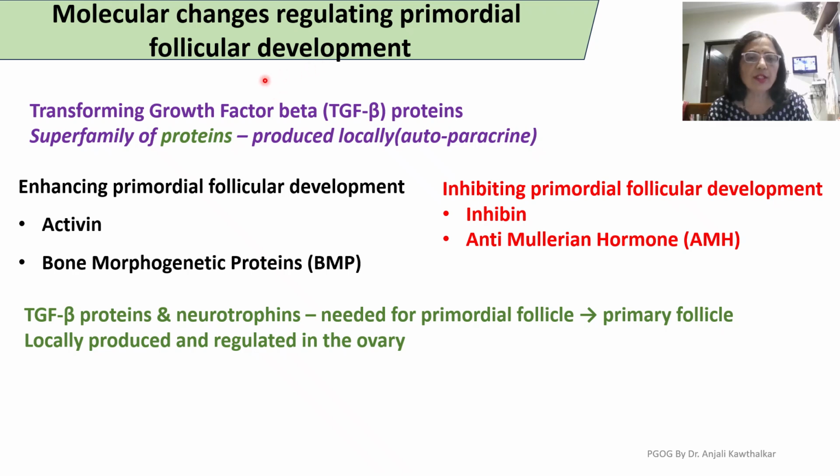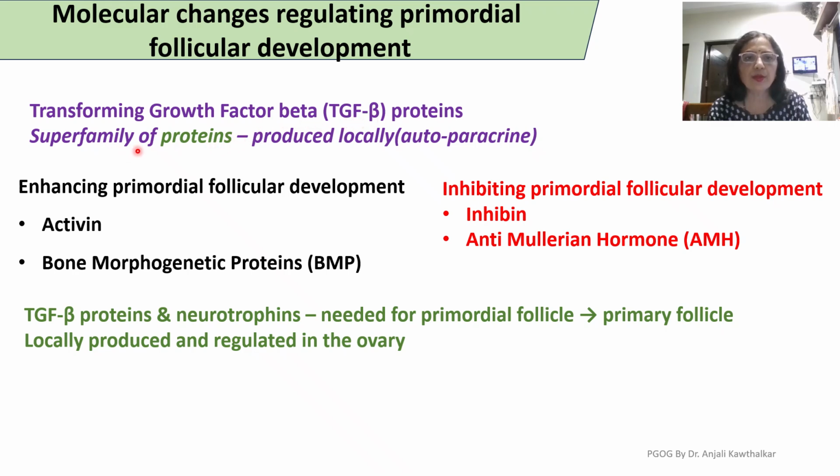So what are these molecular changes? The most important are transforming growth factor beta proteins. It is a family of proteins which is called a super family. Why it is called a super family of proteins is that there are so many proteins present all over the body in various tissues which come under the umbrella of these TGF beta proteins.